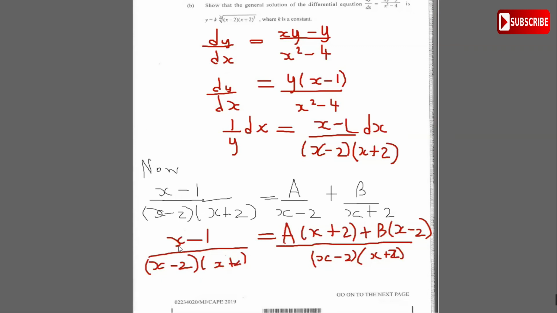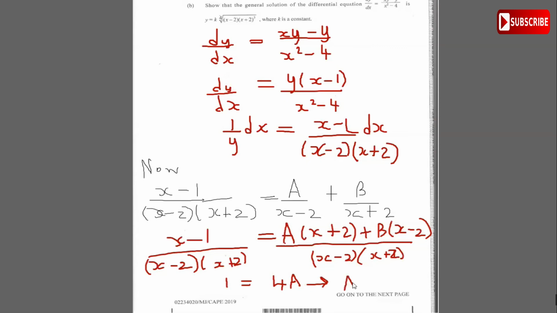If we let x be 2, substitute 2 here, we get 2 plus 2 is 4. So we get 4a is equal to 1, and so that tells us that a is a quarter.